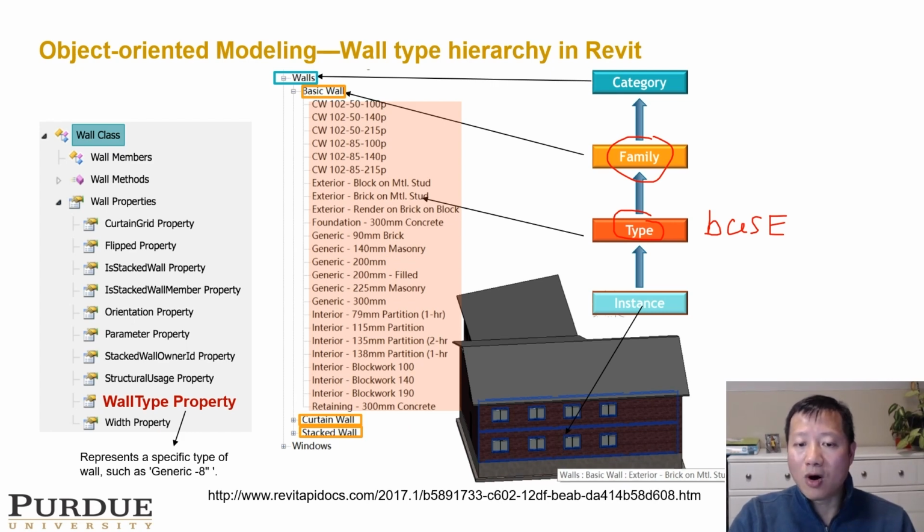And your basic wall, curtain wall, stacked wall are three families that are viewed as specializations of this walls category. So this formulates the hierarchy, right? In this case, you end up with a subclass, a parent class, and this parent class or superclass becomes a subclass to this superclass category.